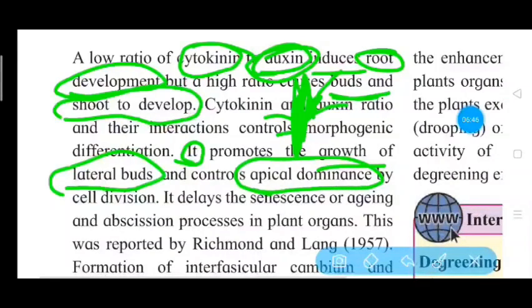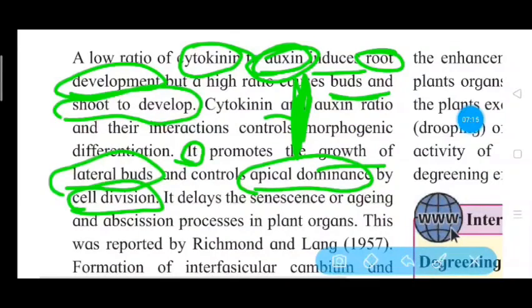Last time we studied what is meant by apical dominance: if only apical growth takes place, that growth of the apex inhibits the growth of lateral buds. This is called apical dominance, and here cytokinin controls it by cell division.